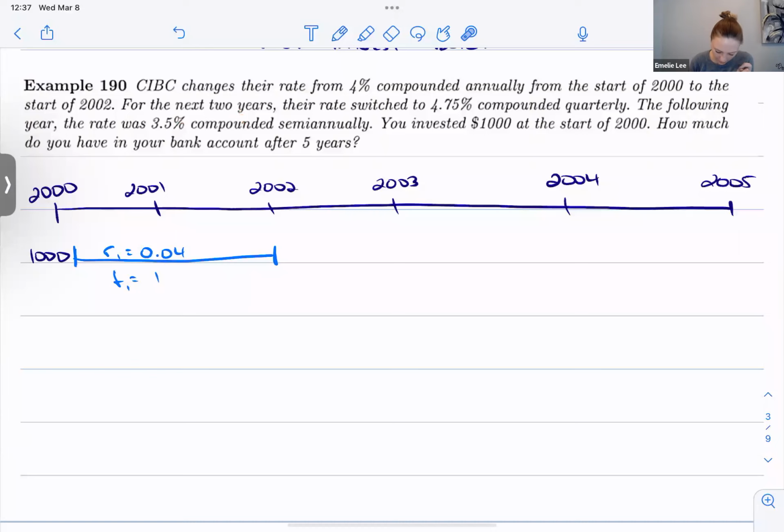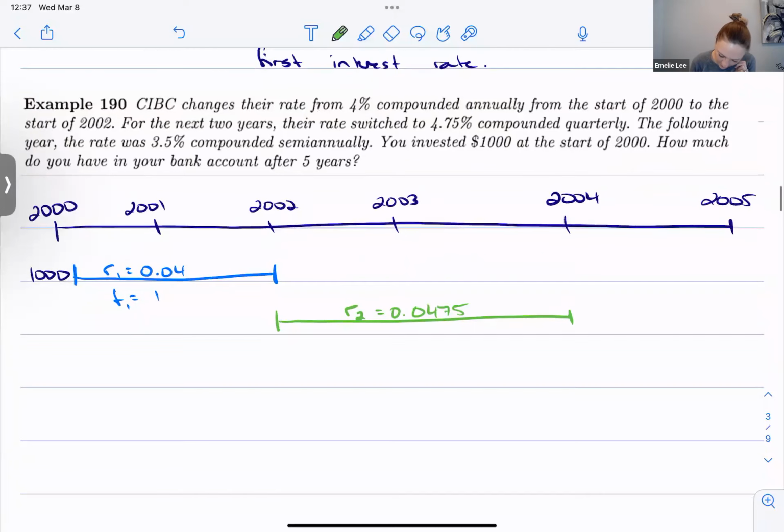Okay, so let's map that out. The rate R2 was 0.0475 compounded quarterly. Maybe I'll use these colors to underline where I'm grabbing stuff from. So quarterly, remember the frequency F2 is 4.